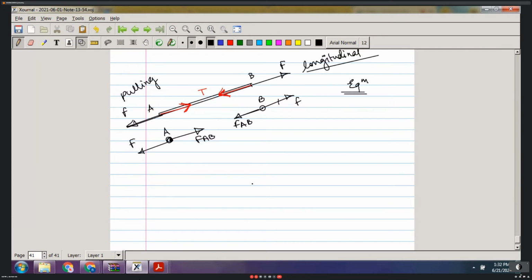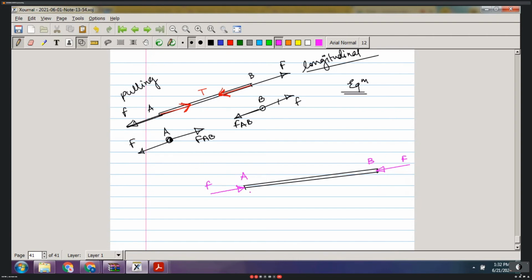Now in the same way, suppose there is some member which is acted upon by a pushing force from both the ends, acting along the longitudinal axis. Can you tell me what will happen to this member AB in this case? Compression.